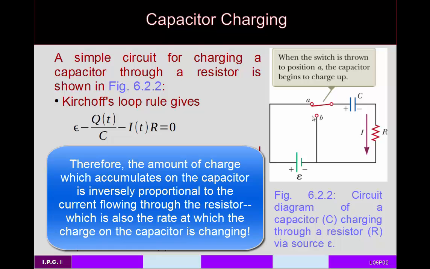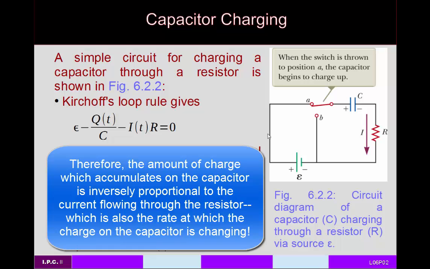In any case, as the capacitor is charging, we can apply Kirchhoff's loop rule for this loop from the battery through the switch to the capacitor through the resistor back to the battery.